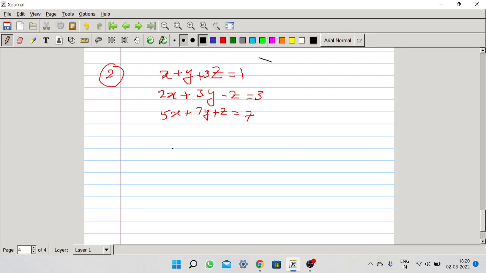So again, let me write the system of equations in augmented matrix form, A, B. I'm directly writing it. 1, 1, 1, 1; 2, 3, minus 1, 3; 5, 7, 1, 7.